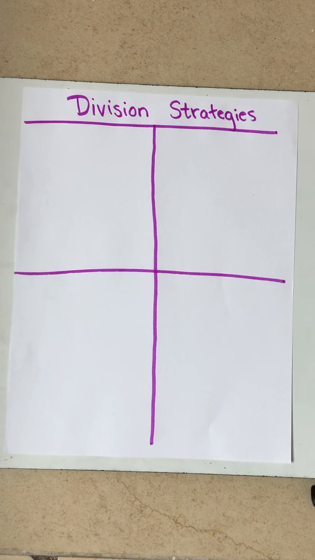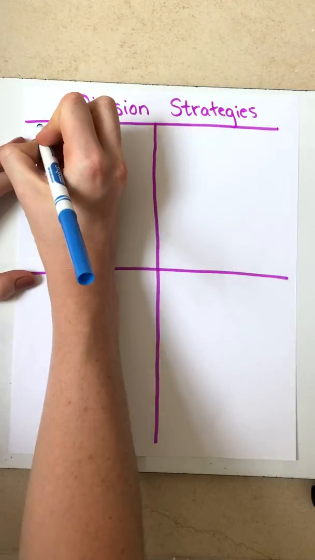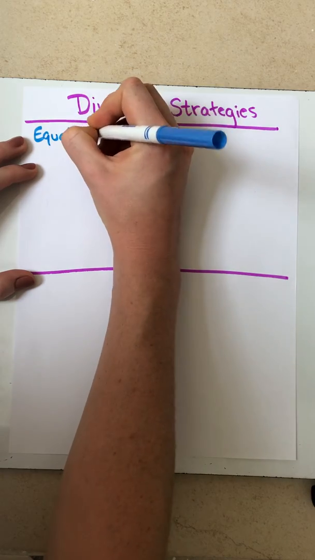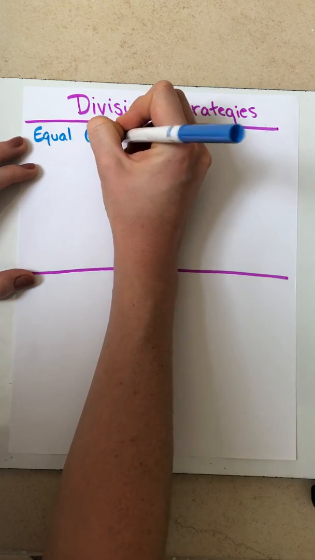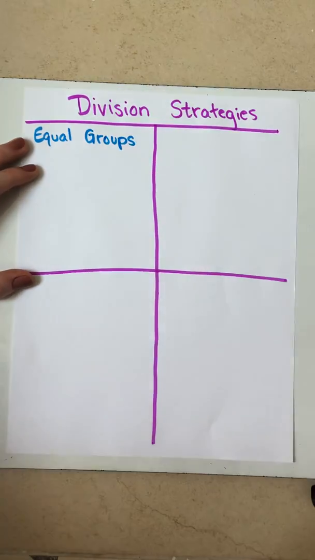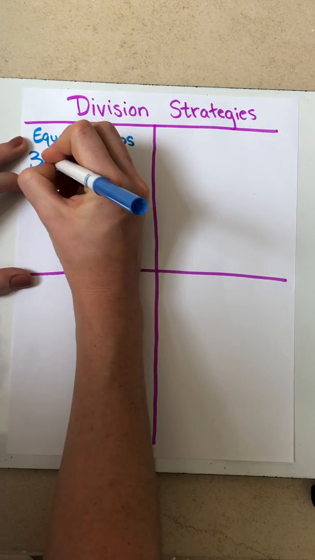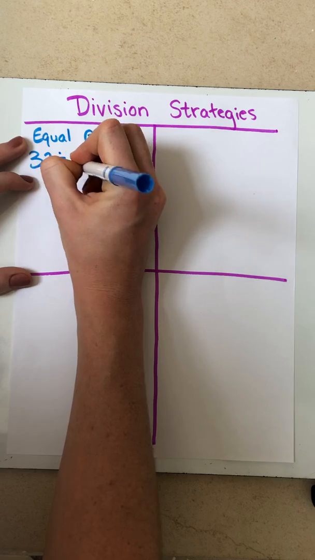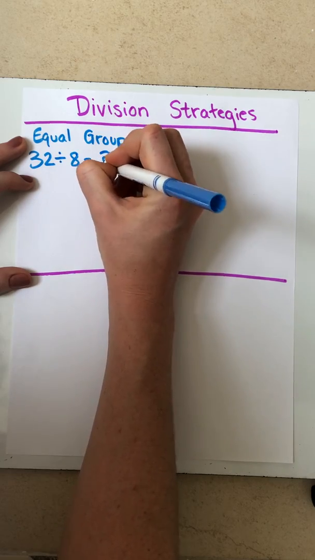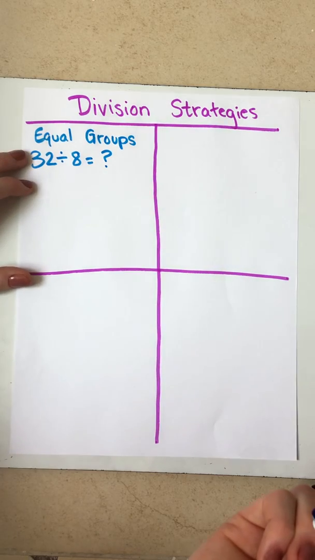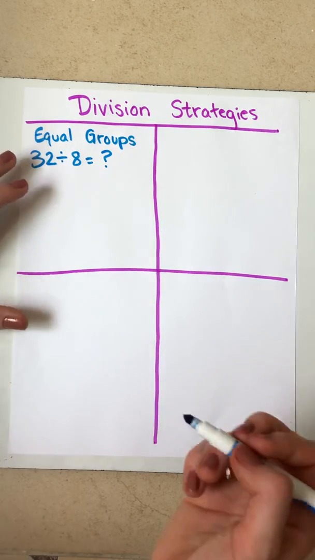The first division strategy that we are looking at is called equal groups. For equal groups, our first division problem is 32 divided by 8 equals question mark, because we do not know the answer yet, and that is the part of the problem that we are trying to solve.